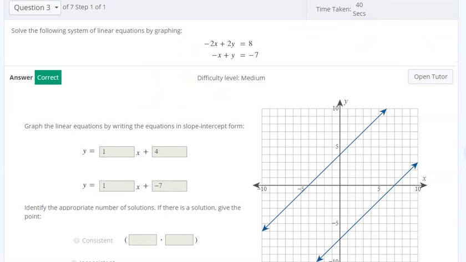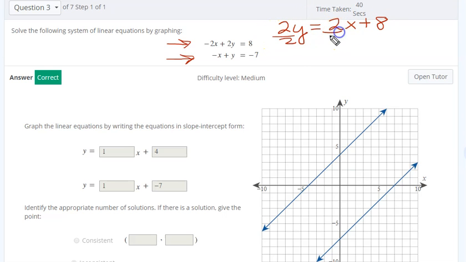Now, for this one, we're using the same protocol. We are to put this in slope-intercept. It's in standard form, and the same for this. So again, we'll isolate the 2y, transpose the negative 2x to the other side where it becomes a positive 2x plus 8.